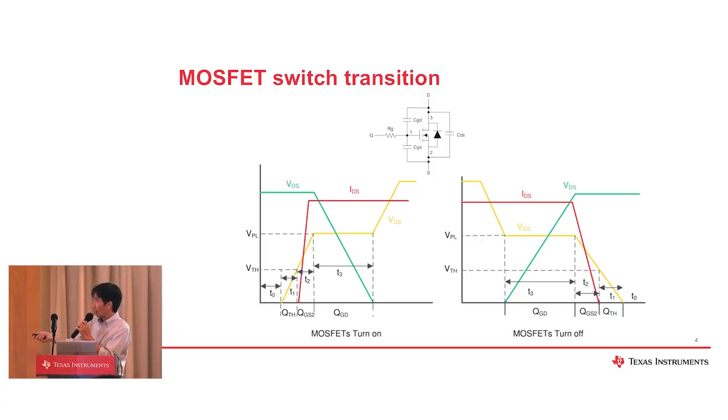So we all want to narrow down these two regions by switching faster. Similar to the turn off sequence, in these two stages T3 and T2, the IDS and the VDS are different from zero, so the power loss occurs in this region.